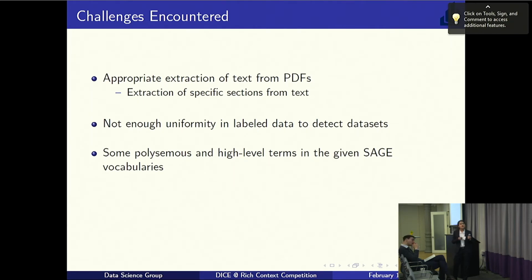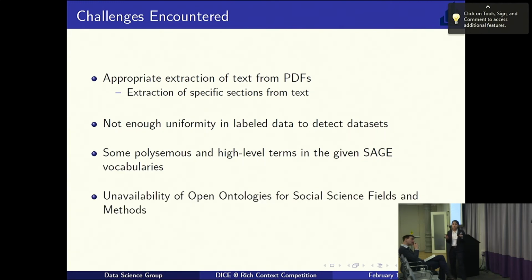And we found out that in the vocabularies that were given to us by Sage Publications, there were many terms that were either polysemous or were too high level to be categorized. So when we were looking for some other vocabularies, we found out that there is a non-availability of open ontologies for methods and fields, and hence we switched to the manual curation using Wikipedia and DBpedia.